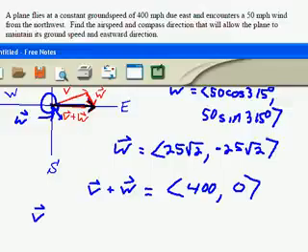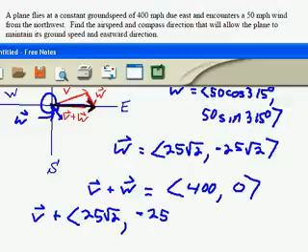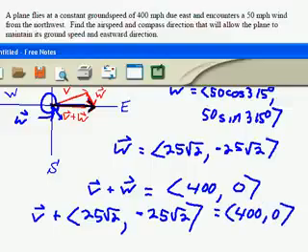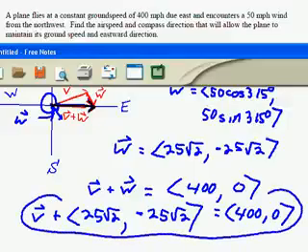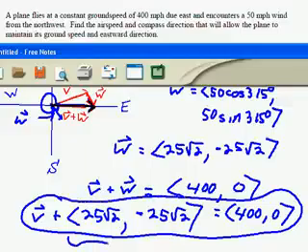Or V plus W, where W is the vector with the first component 25 radical 2 and the second component negative 25 radical 2, and that whole thing equals 400, 0. So this is a vector equation. If we solve it for V by subtracting this vector W from both sides, we will have the vector that we're interested in.